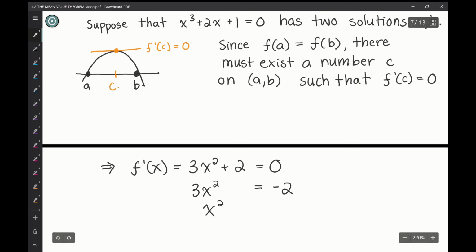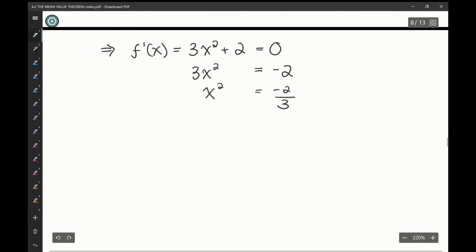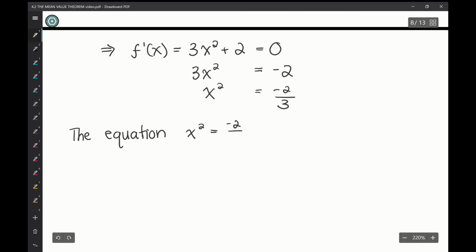So that means that we have some sort of x squared is equal to negative 2/3. And that just can't happen. The equation x squared equals negative 2/3, and you might have recognized it at the step 3x squared equals negative 2, and that works too, has no real solution.